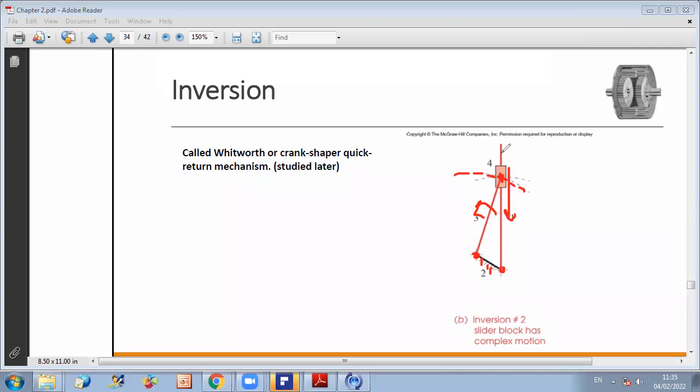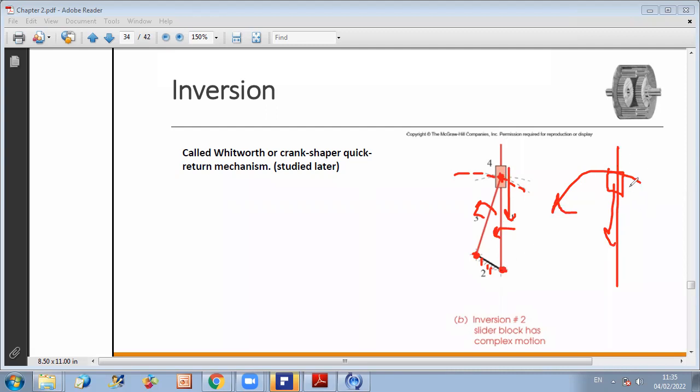So what will happen is that my block will have what we call complex motion, because you are translating on a rod, and this rod is rotating about this point here. So relative to this rod you are doing translation, but this rod is rotating around a fixed point here.